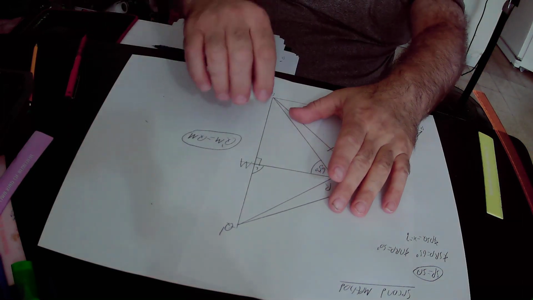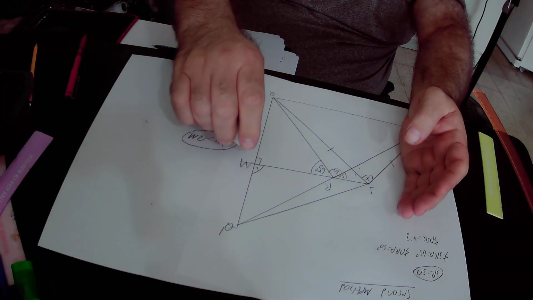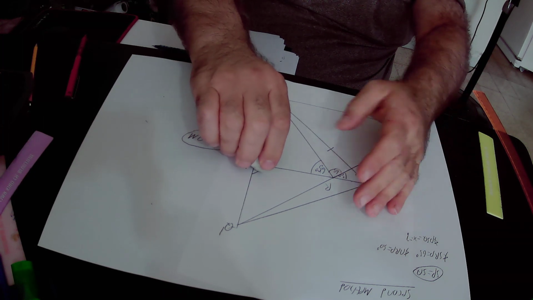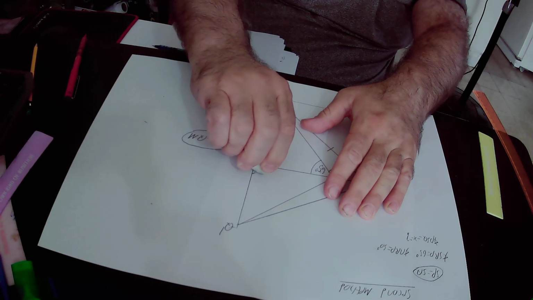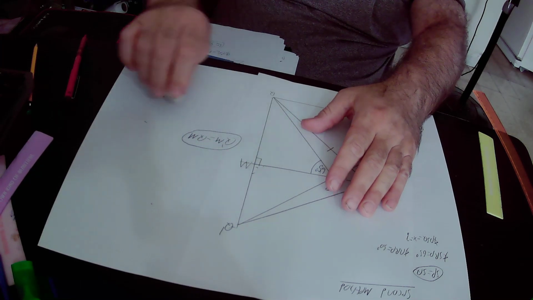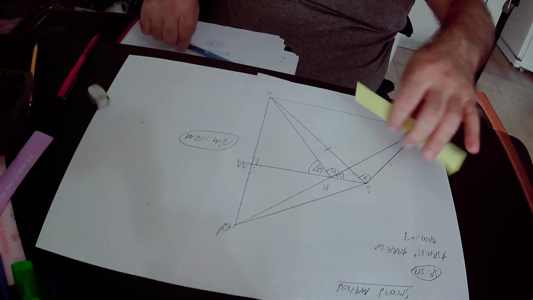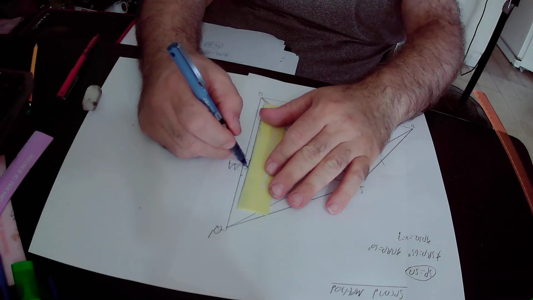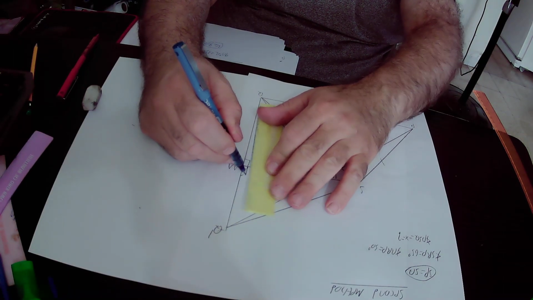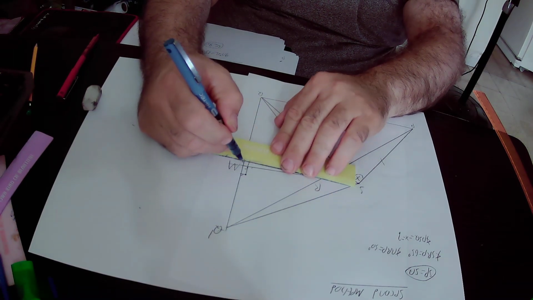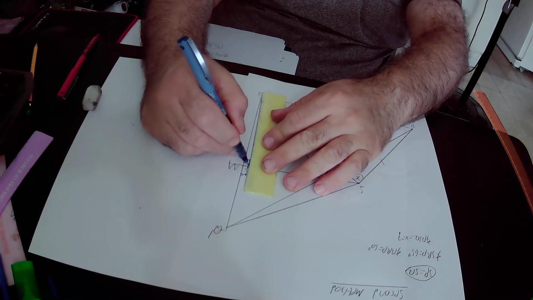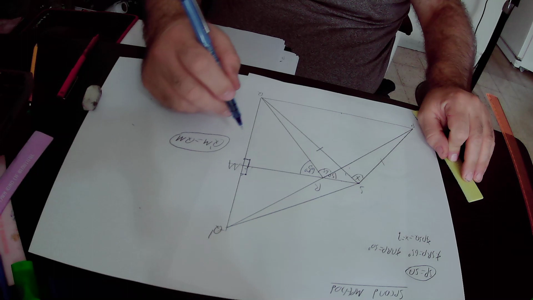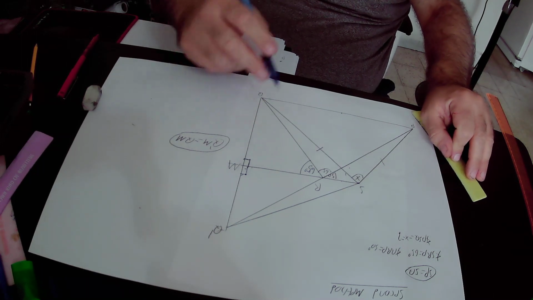We found out that angle Q dash MR is a right angle. It equals 90 degrees. So we actually have at point M two right angles. Okay, this right angle and this right angle.